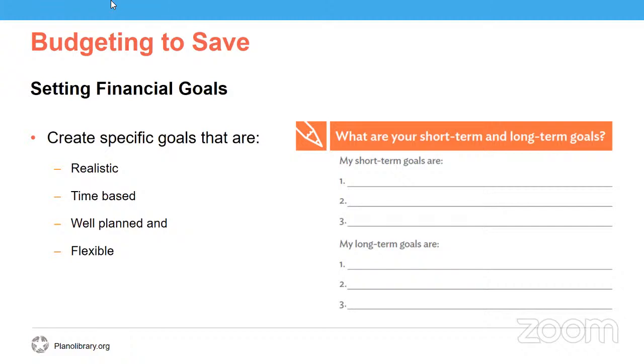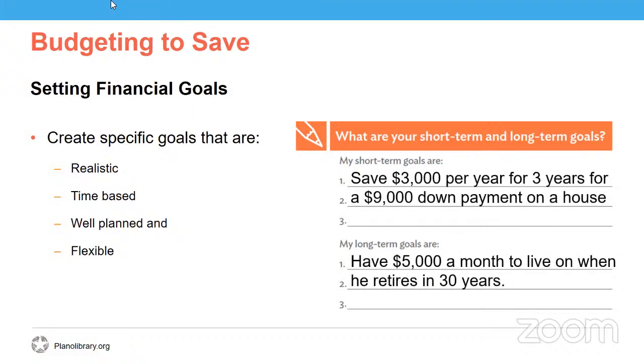You can divide your goals into two time frames, short-term or long-term. For example, one of the characters, Anthony, has a short-term goal of saving $3,000 a year for 3 years to have $9,000 for a down payment on a house. One of his long-term goals is to have $5,000 a month to live on when he retires in 30 years.